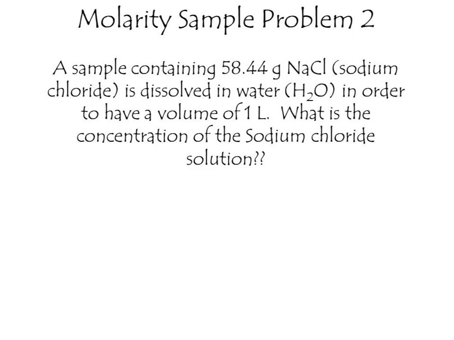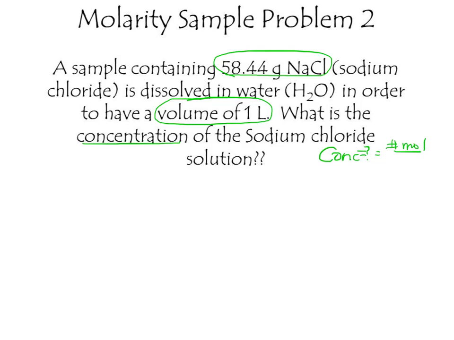So in the first one, I gave you a number of moles and the number of liters. In this problem, I'm giving you something else. In this problem, you're given 58.44 grams of sodium chloride, and it's dissolved in water in order to have a volume of 1 liter. What is my concentration? So again, we're looking for concentration. Okay, and in concentration, you need to know number of moles over liter.